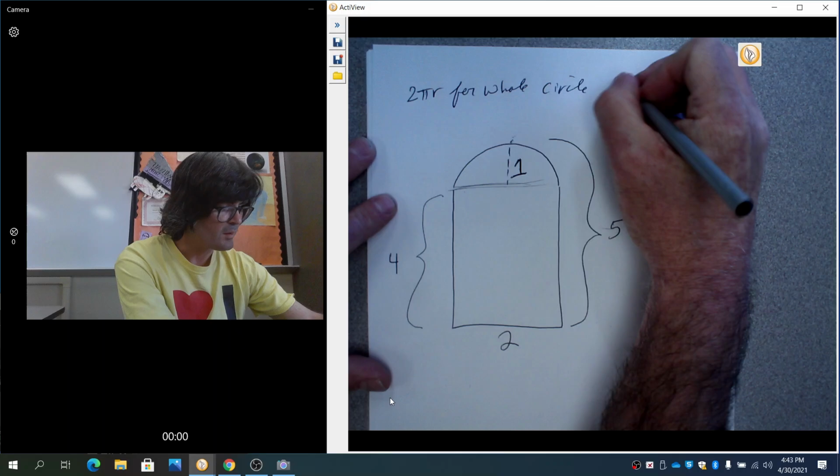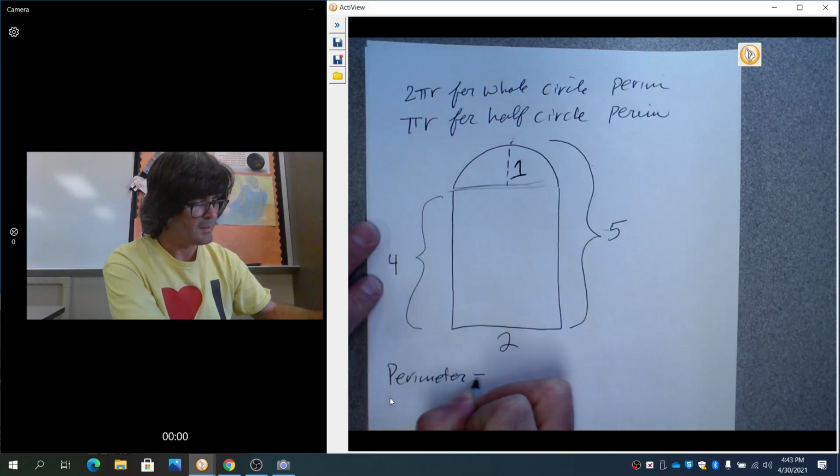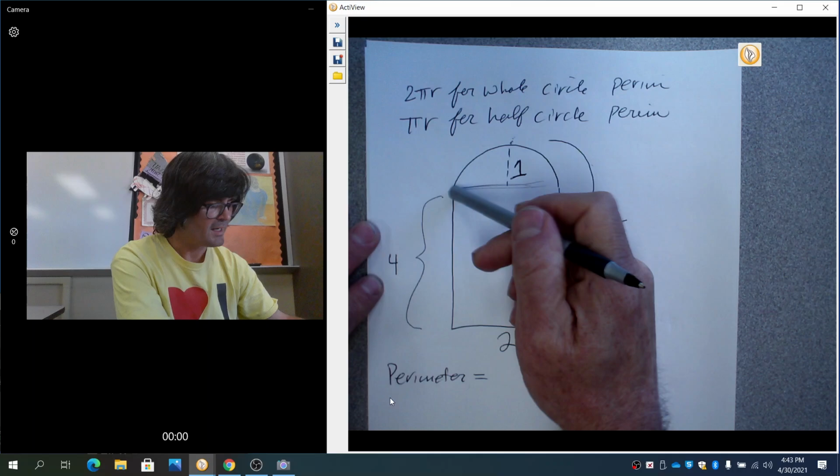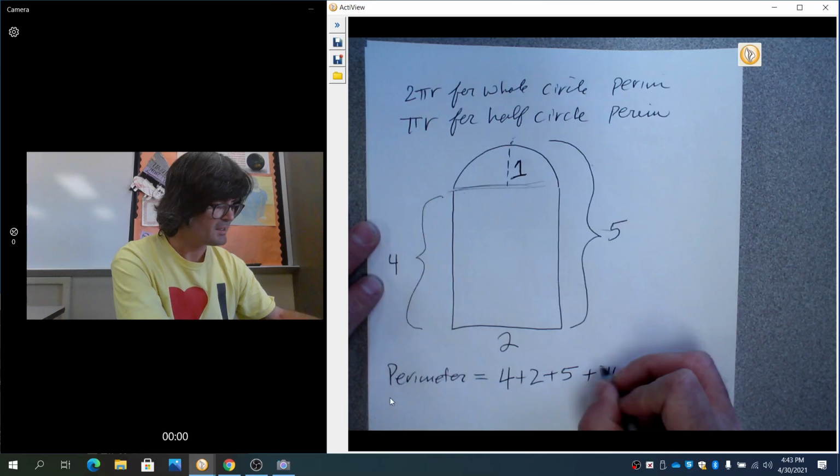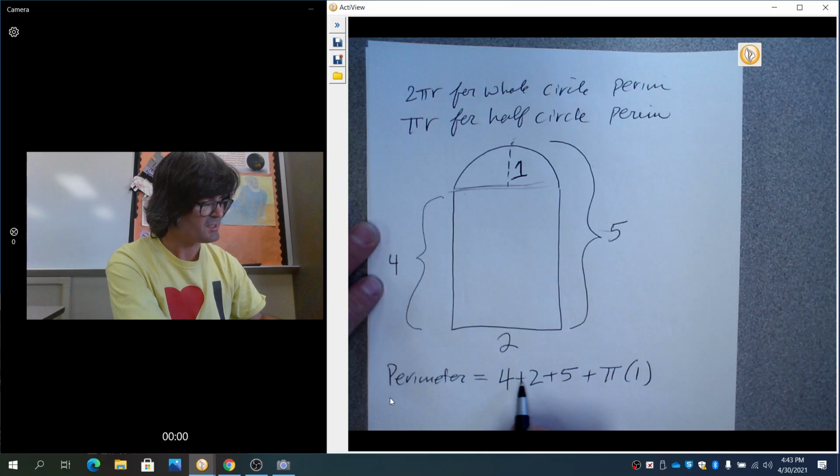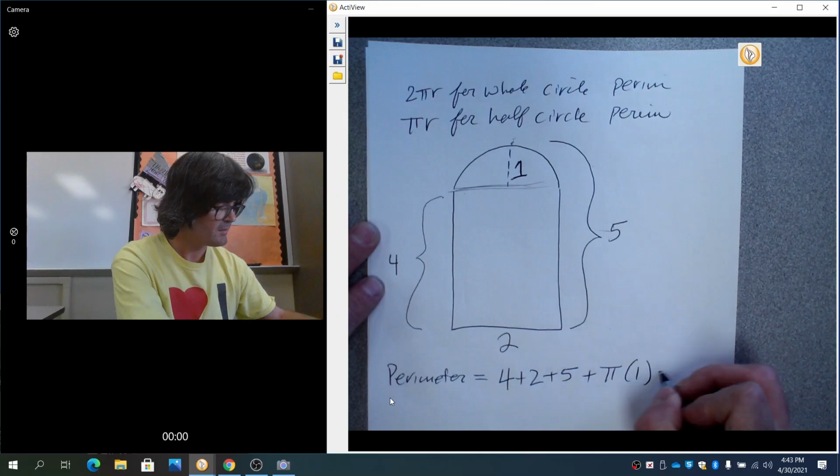So my perimeter is going to be this side, this side, this side, and then this arc. So it's going to be 4 plus 2 plus 5 plus 1 pi r, pi times 1, which makes 6 plus 5 is 11 plus pi.